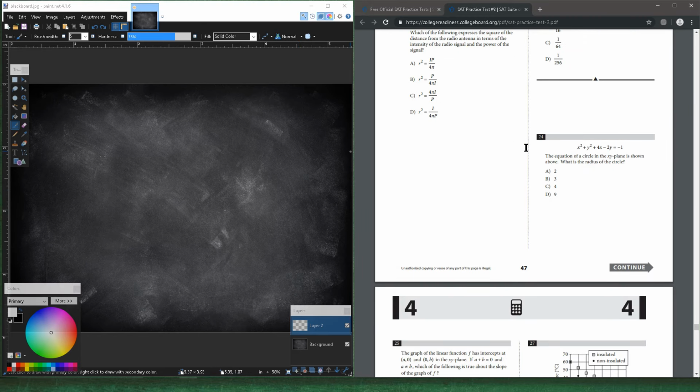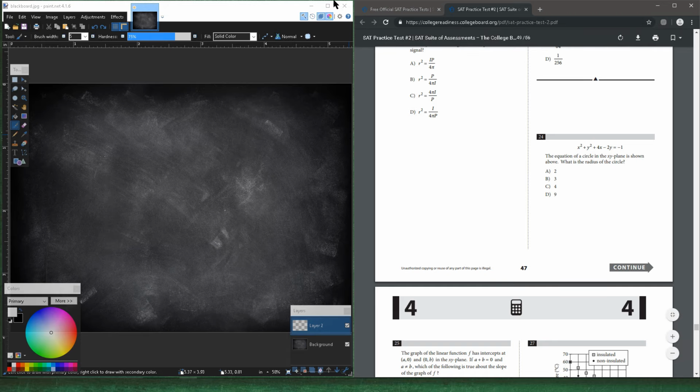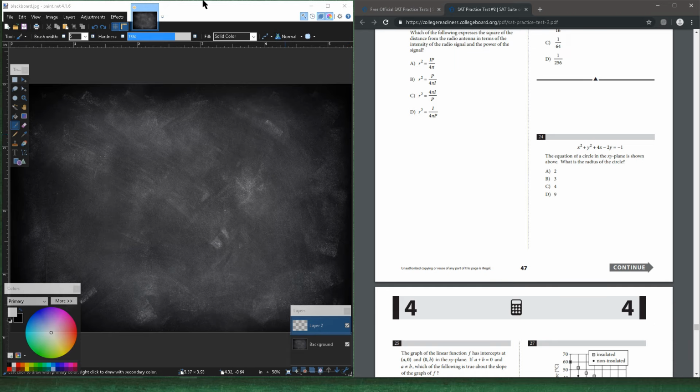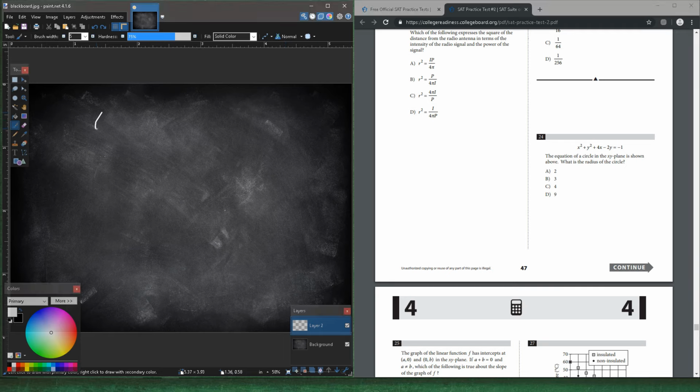24. The equation of the circle in the xy plane is shown above. What is the radius of the circle? You want to put this in standard form. So when you see all these constants like 4x and 2y, you want to divide that by 2 and write it in the parentheses. So you have x, so 4 divided by 2 is 2, so plus 2, and then you square it.